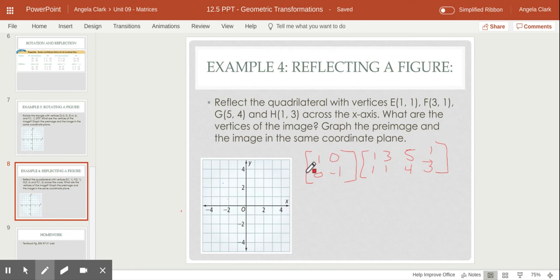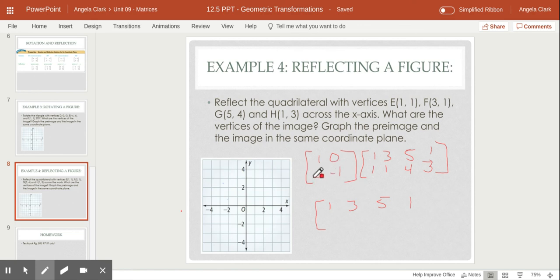So essentially the x values are not going to change, because there's going to be 1 times this number plus 0 times that number, over and over again. So essentially the top row is not going to change.